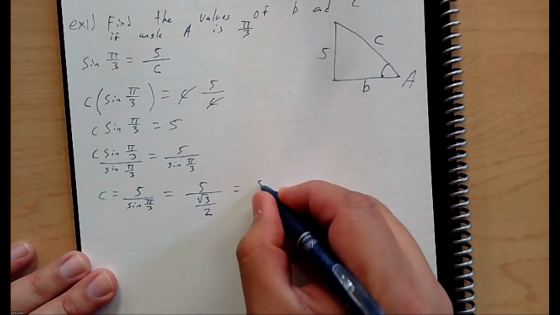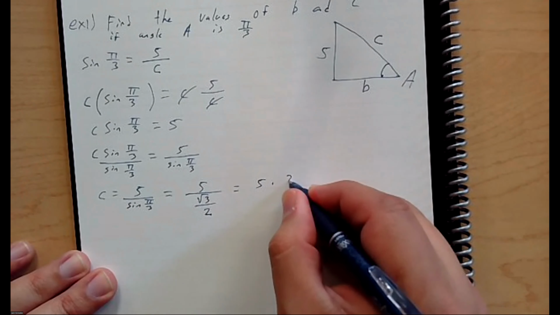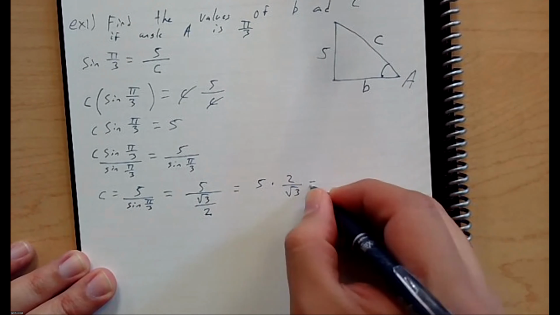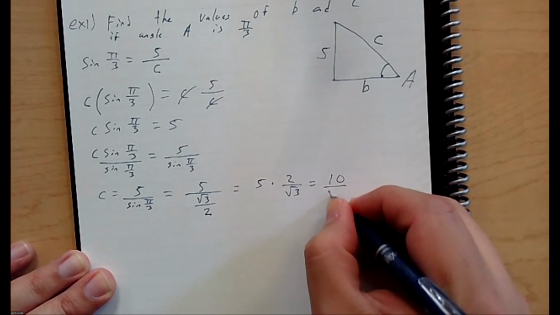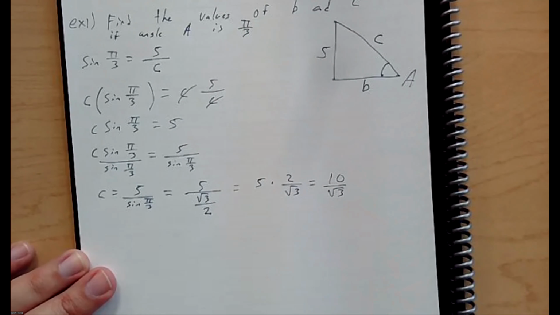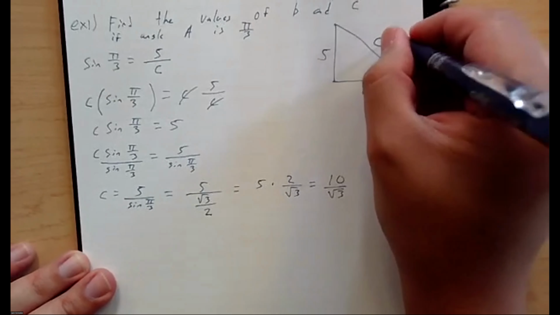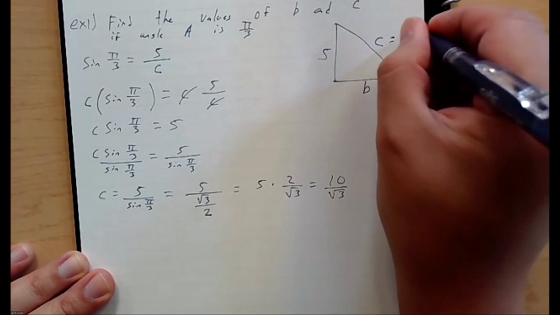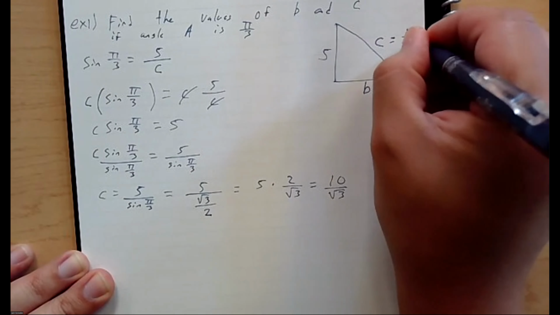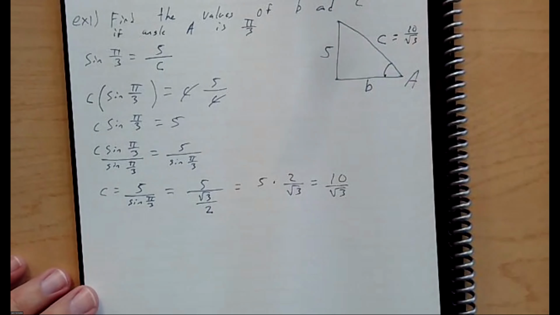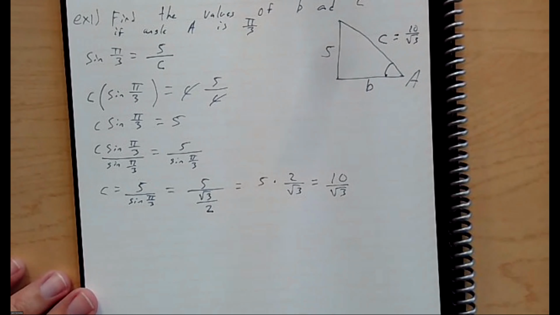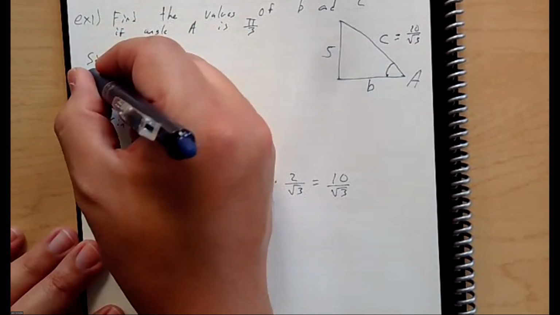That'll be the same as 5 times 2 over root 3, which is 10 over root 3. Okay, so there's C. 10 over root 3. You can rationalize if you want. This time I'm not going to do it. So right here, we're solving for C.